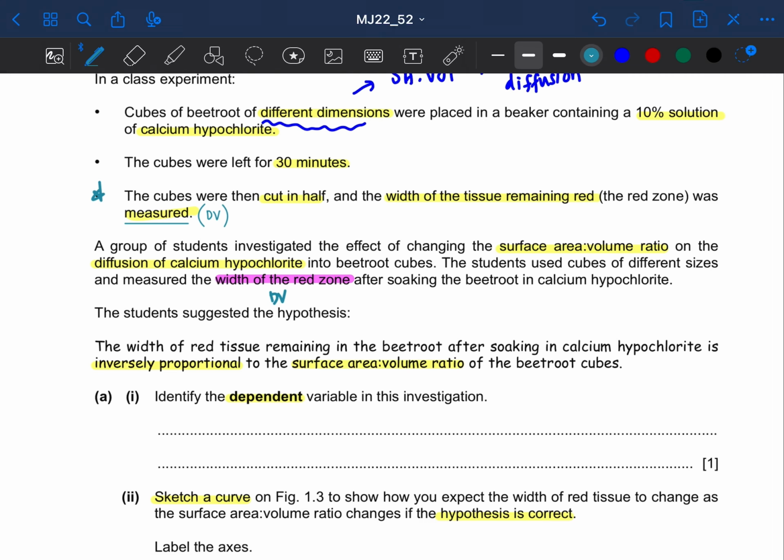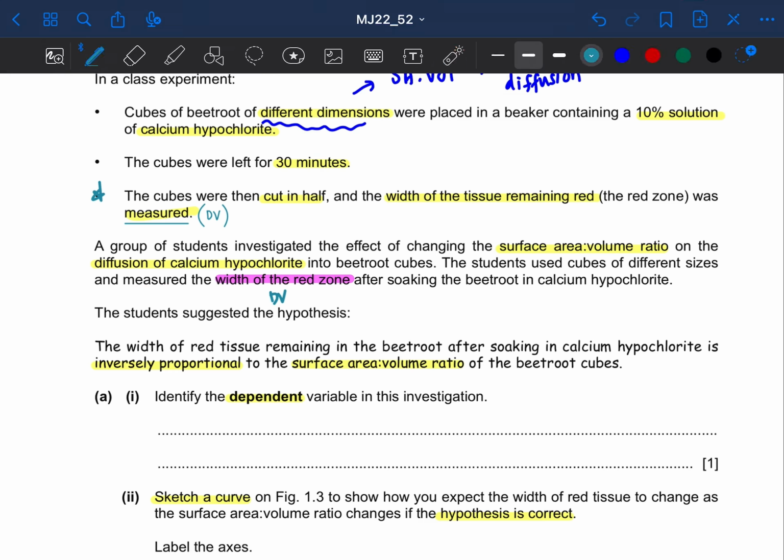So here I always advise the students to use how the measurements are being made, so what are we measuring, to use the points that are mentioned in the question itself. In this case we have the width of the tissue remaining, or in the second bit of this paragraph we know that the students are measuring the width of the red zone.